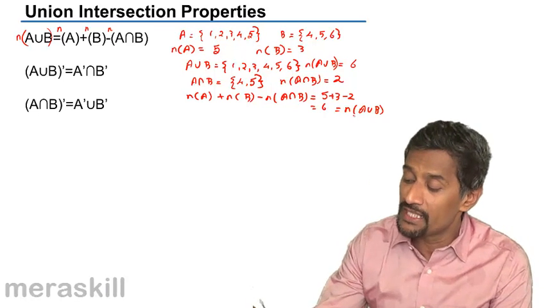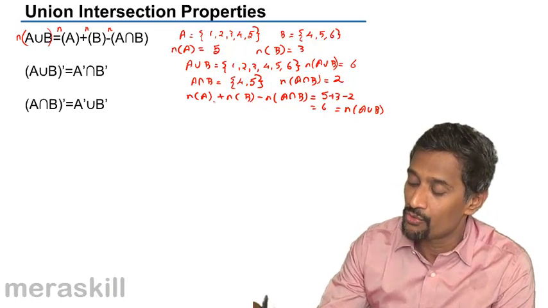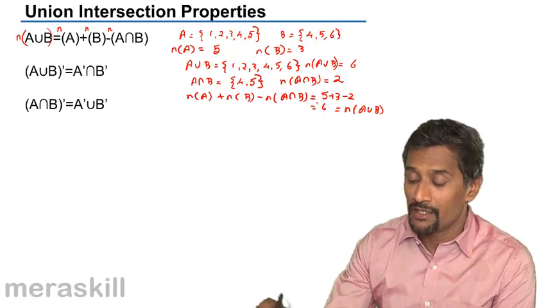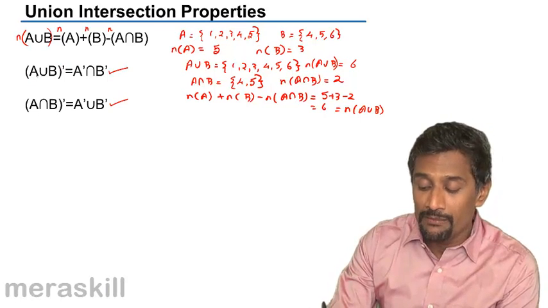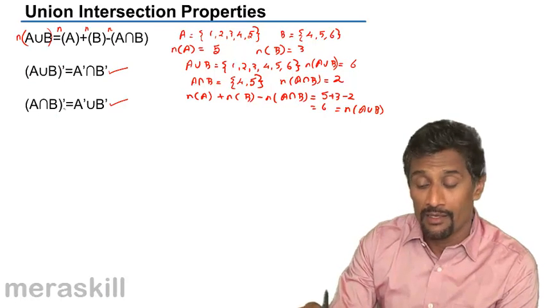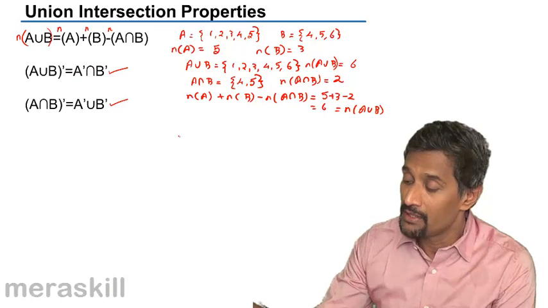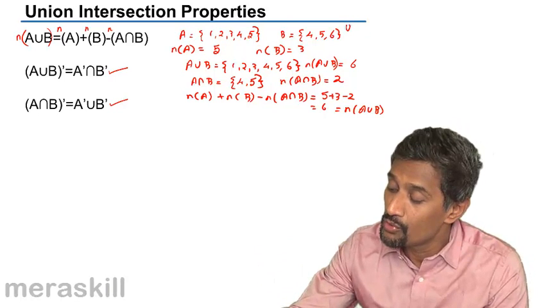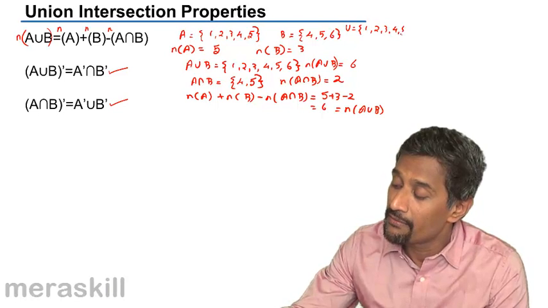So in case of disjoint sets, A intersection B is 0. In that case, n of A union B will be just n of A plus n of B. And two very important rules, that the complement of A union B is equal to the intersection of complement of A and B. Say in this case itself, suppose you have U, which is 1, 2, 3, 4, 5, 6 and 7.